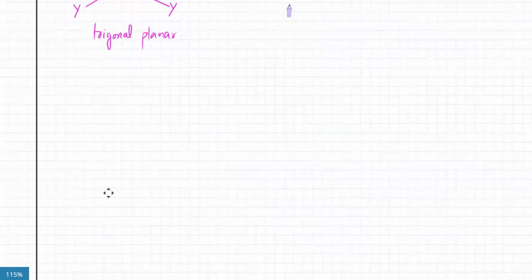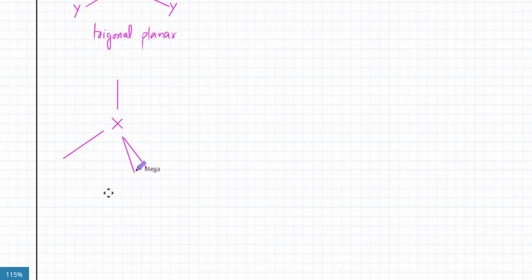So the next one is if an atom has 4 bonds. Then for 4 bonds, the shape is tetrahedral around that particular atom. A tetrahedral shape is a 3-dimensional shape.